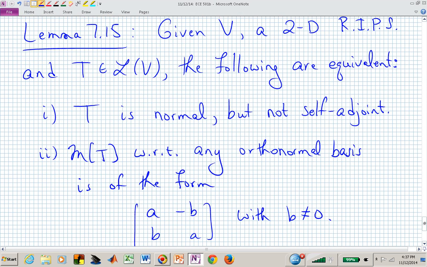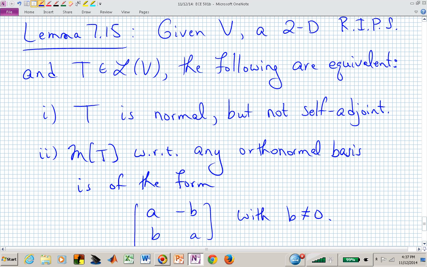Really what this is saying is if we know that we can create linear operators on real inner product spaces that do not have eigenvalues, these rotations. But those can be written in terms of a real matrix where A is really the real part of the eigenvalue and B is the imaginary part.